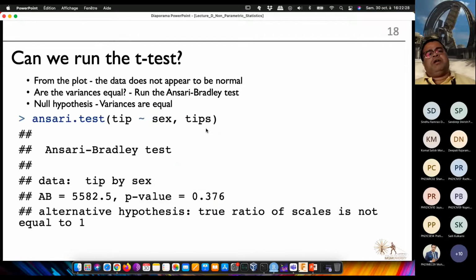First of all, whether the variances are same or not, we can judge it by using the Ansari-Bradley test. We are going to compare the tip based on the gender; the variable name is sex here, don't bother about it.